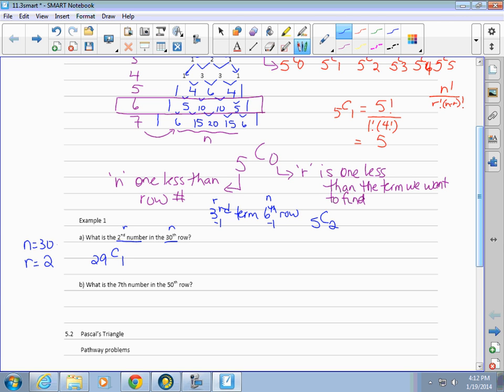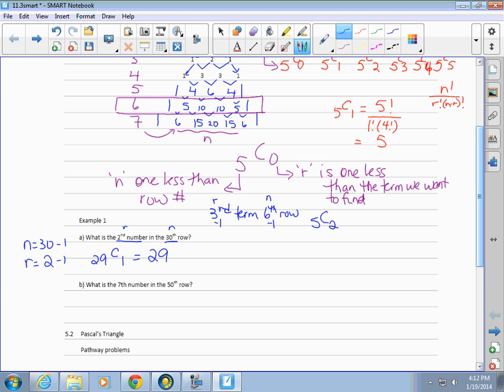So in order to calculate, it's 30 minus 1, 2 minus 1. So 29c1. If you just remember that anytime it's a number choose 1, it's just going to be that number.